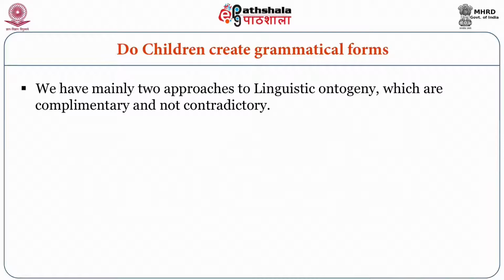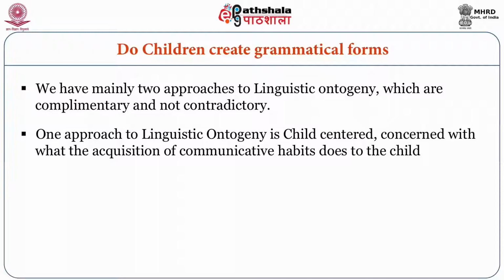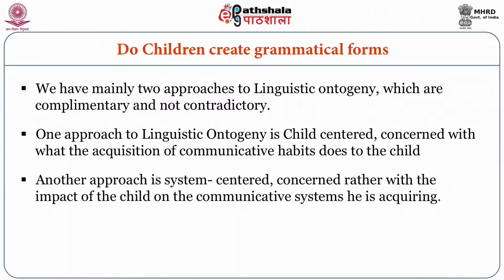Now, there are various approaches to linguistic ontogeny. We have mainly two to discuss here, which are complementary and not contradictory. One approach is child-centered, concerned with what the acquisition of communicative habits does to the child. Another approach is system-centered, concerned rather with the impact of the child on the communicative systems that he is acquiring.